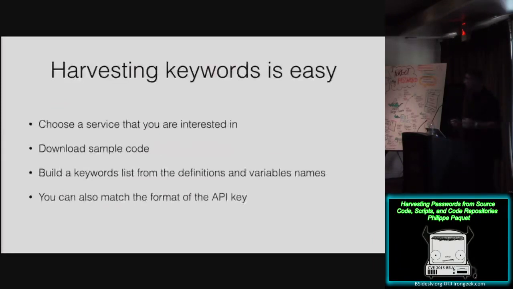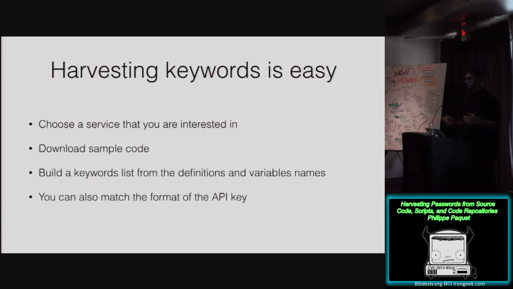Keywords. So you have your set of regular expressions for a good set of languages. Now you need to have a set of keywords. Harvesting keywords is very easy also. You choose your target service provider, you download sample code, and you look at the names of variables. Programmers usually are going to take the sample code, copy and paste that into their source code.